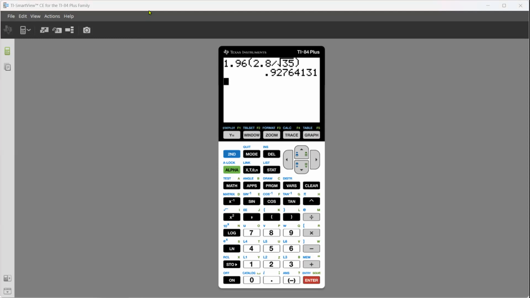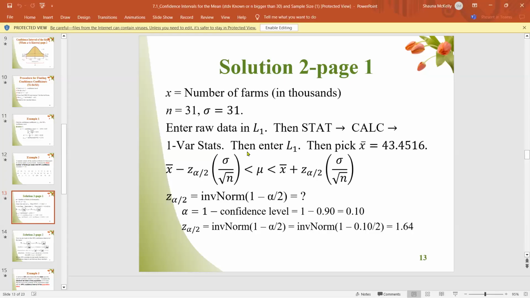Okay. So now, when we do our confidence interval, if you remember, I know it's been an eternity, let me pull up the formula one more time. What we just calculated was this piece on the end, z of alpha over 2 times sigma over the square root of n. And then we just plug in.